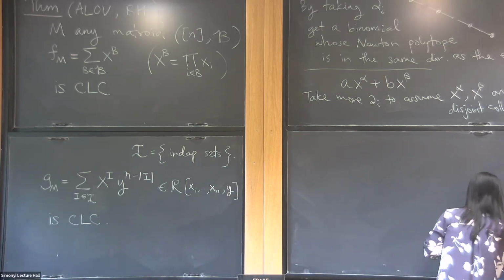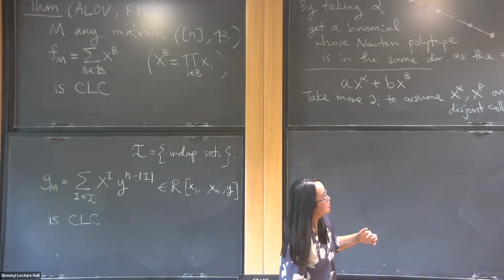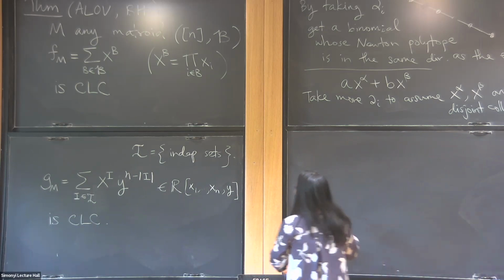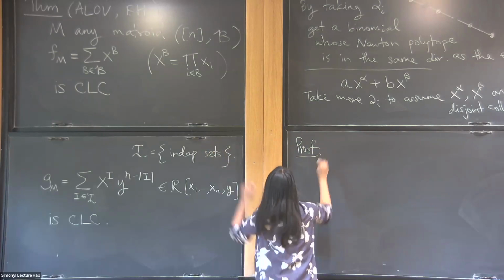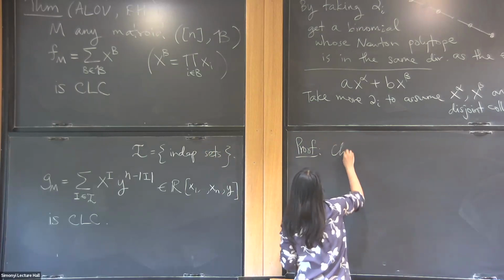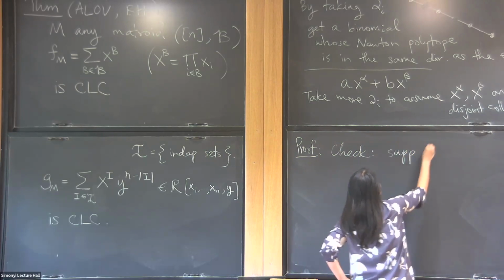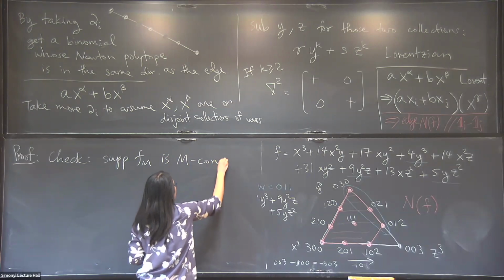For the proof of the first one, you have to check, using the theorem, I don't know if it's still there or not, I might have erased this, that the support of F_M is M-convex.